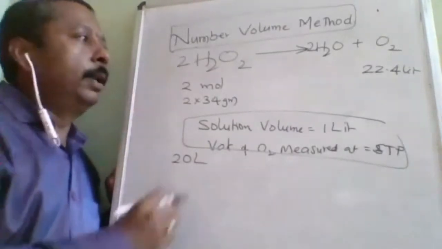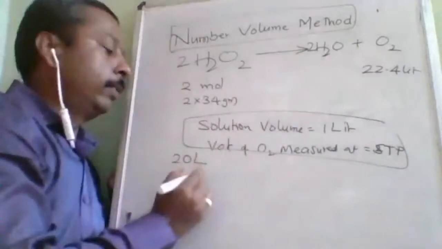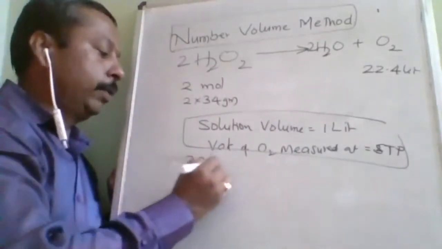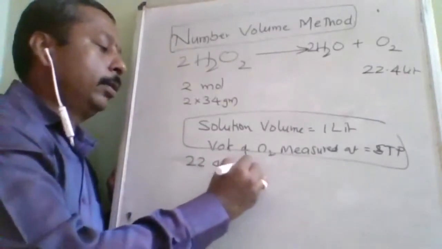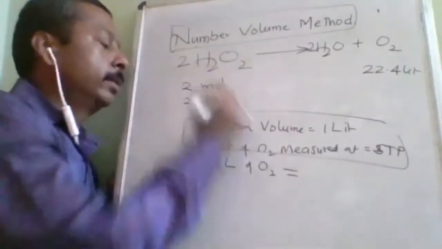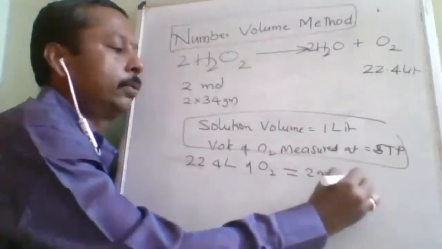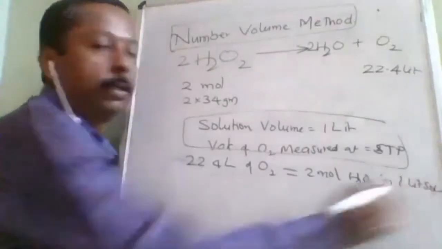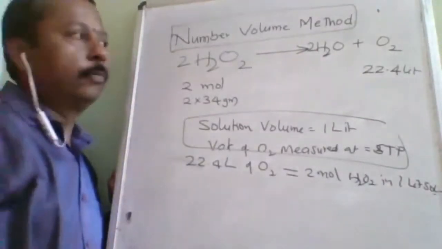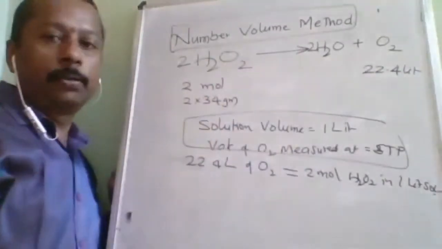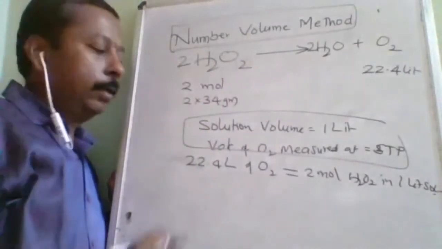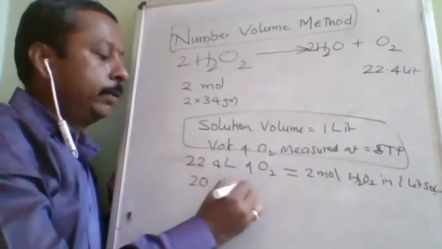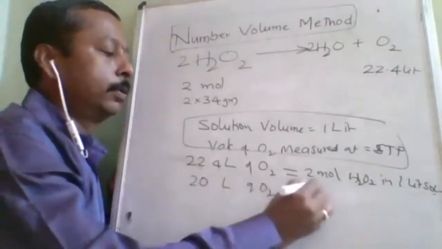So from this equation, 22.4 liters of O2 liberated means 2 moles of H2O2 in 1 liter of solution. Understood? Now, the 20 liters of O2 we are given corresponds to how much?